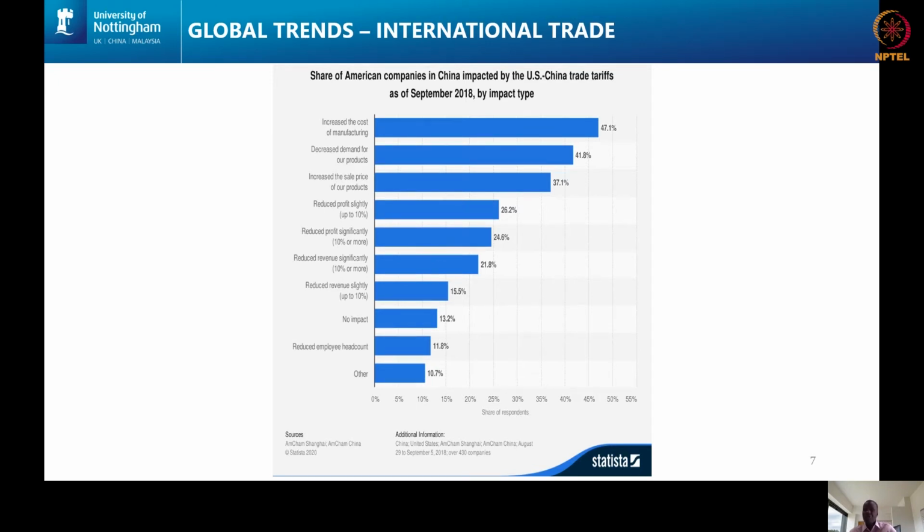As a result of increased tariffs in both directions, manufacturers are seeing an increase in production costs, and this has had a ripple effect on the level of demand, plummeting revenues, and in turn, plummeting profits for manufacturers in the supply chain.